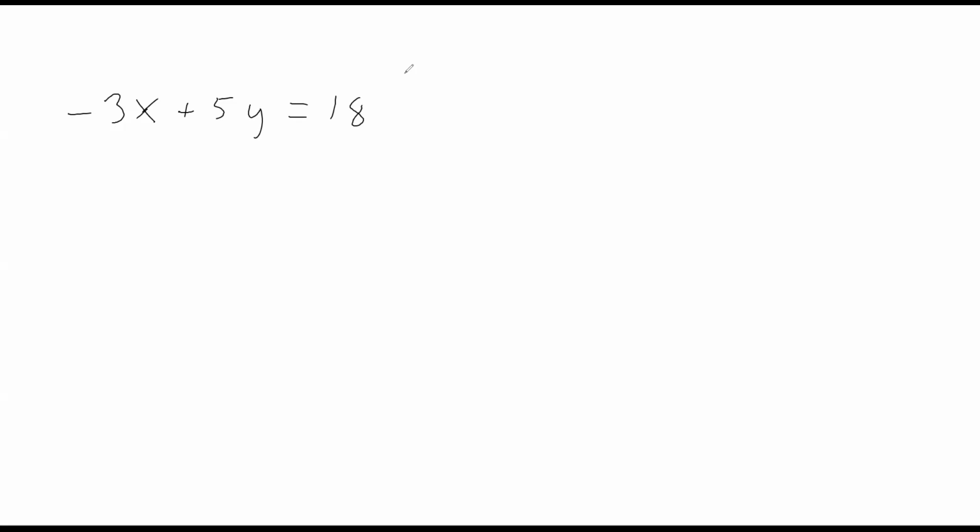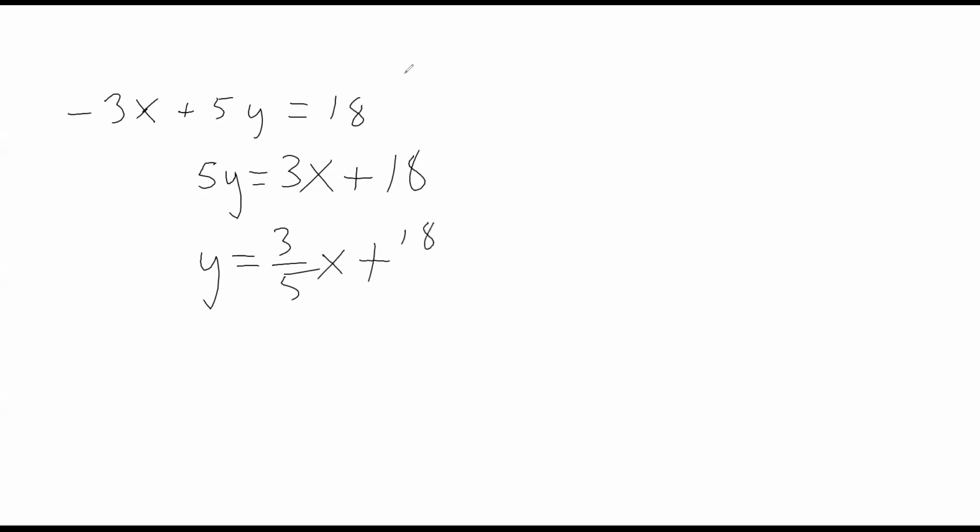So to solve for y, to get y by itself, really just 2 basic algebra steps. 5y equals, we'll add 3x to both sides, so we get 3x plus 18. And then to finish getting it in slope-intercept form, divide through by 5. That gives us y equals 3/5 times x, so the slope is 3/5, plus 18 divided by 5, 18/5.